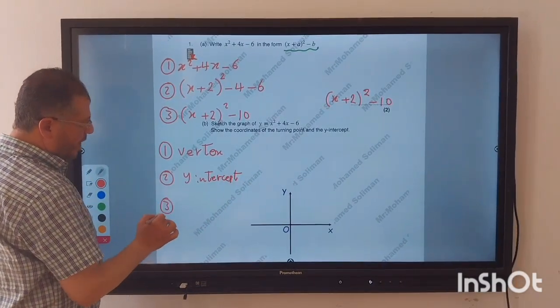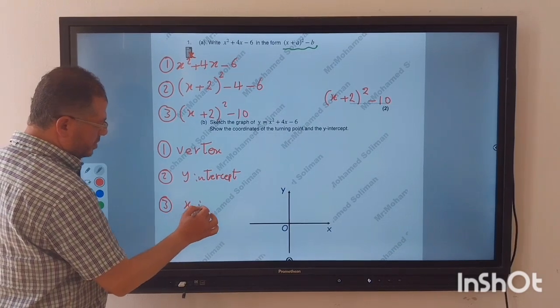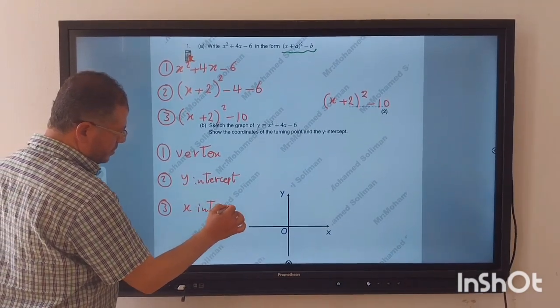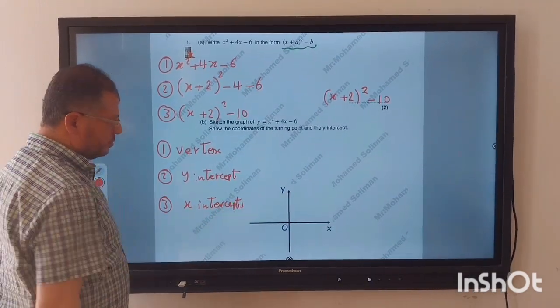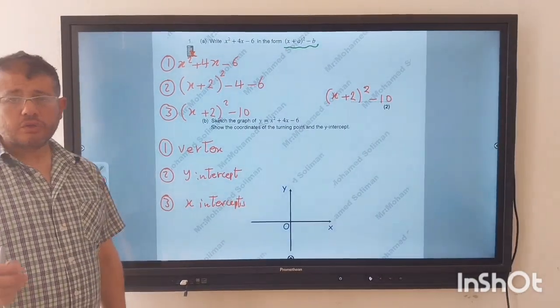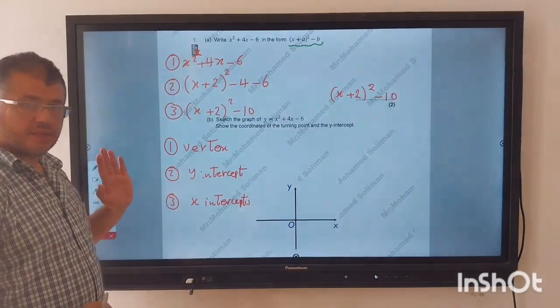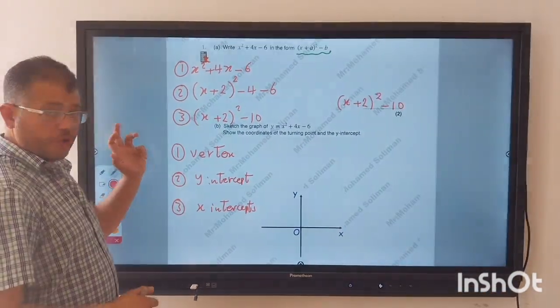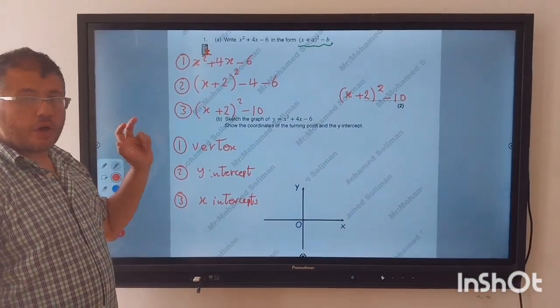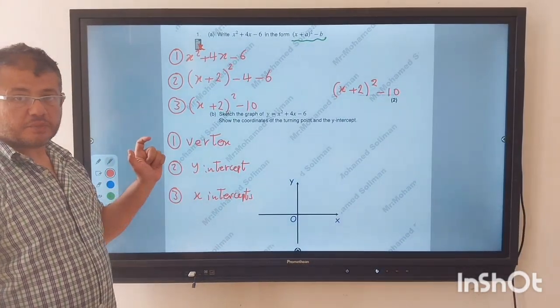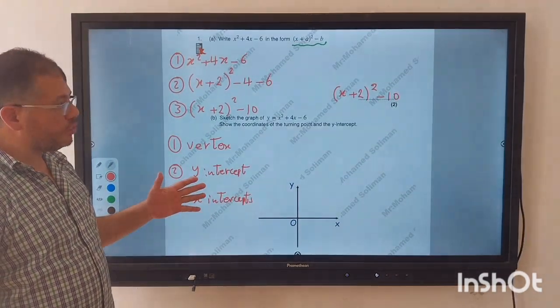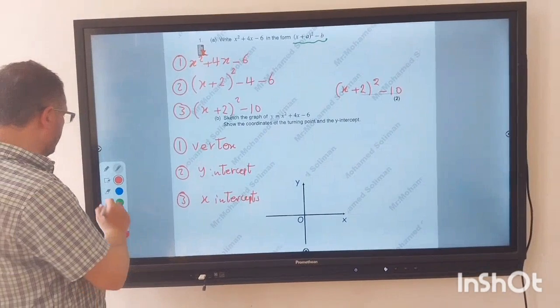Number 3, we have to set the x-intercepts. Okay, so when you want to sketch any graph, you have to set all this. Vertex or turning point. Second, y-intercept. Third, x-intercept. Let's see how we can do this in an easy way.